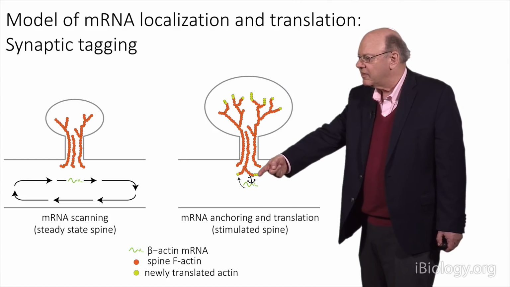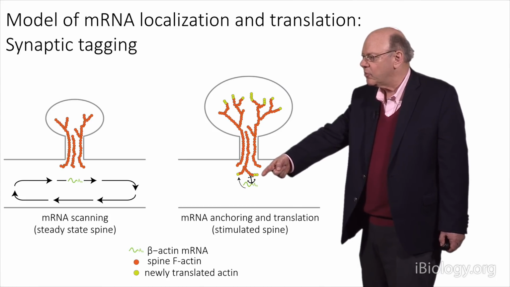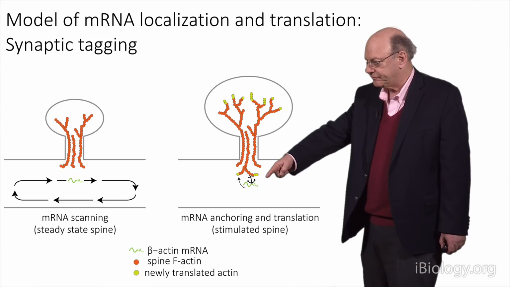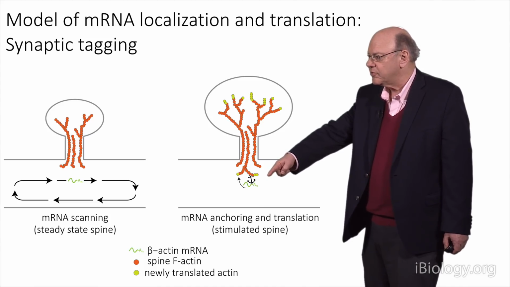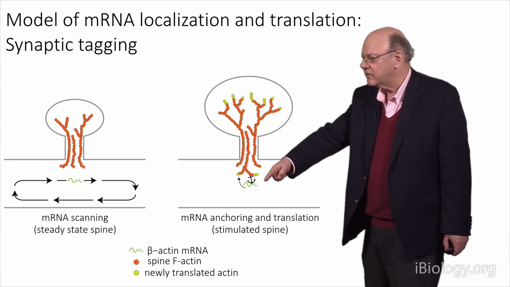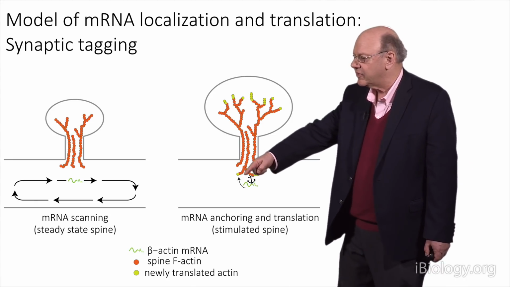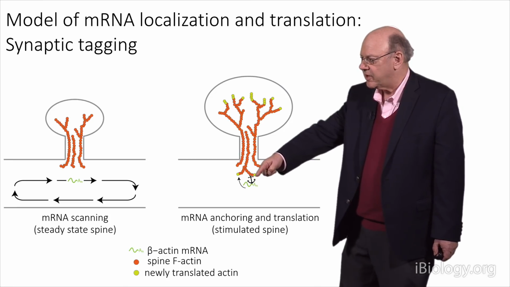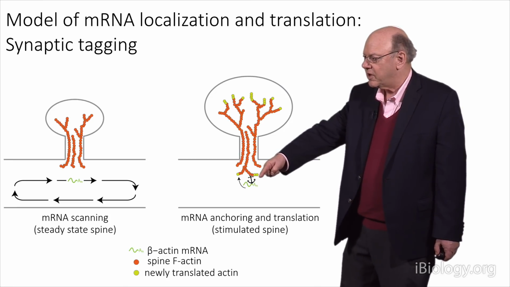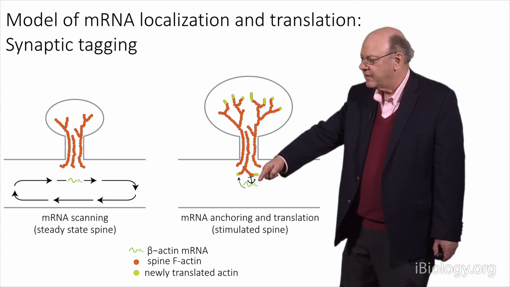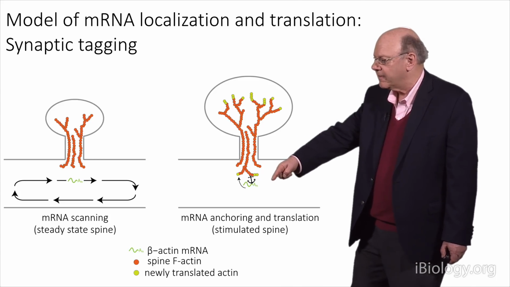We know that the protein ZBP1, which I talked to you about in a previous lecture, which is important for RNA localization, actin RNA localization, is necessary for this anchoring of the RNA at the synaptic spine, because if you look in knockout mice, the RNA cannot localize at all here.